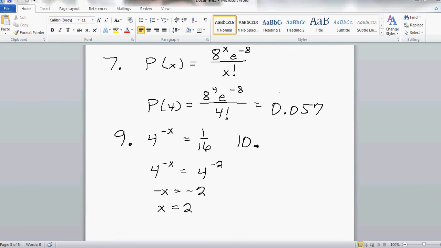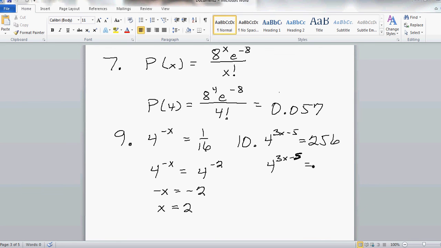If we look at number 10, we are told 4 raised to the 3x minus 5 power is equal to 256. And once again, with a little bit of practice, it doesn't become too difficult to realize 4 is the base we want. A lot of times, the smaller number will be the base we want, but sometimes we have to take both of them even smaller. For example, we could, if we really wanted to, take this to a 2.